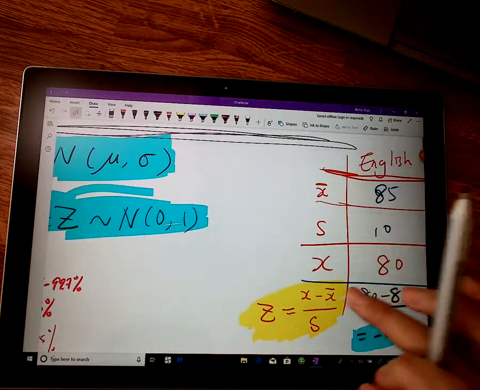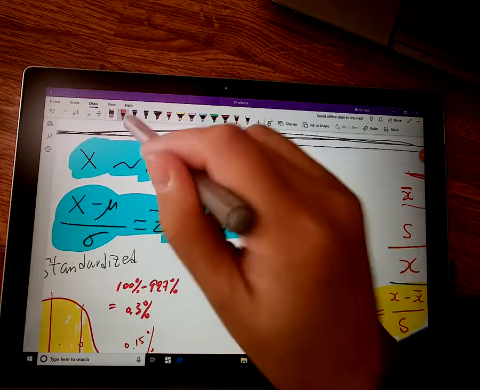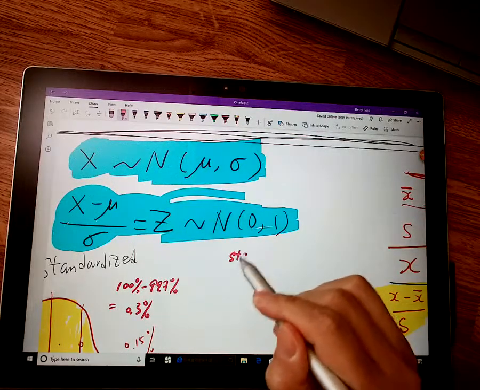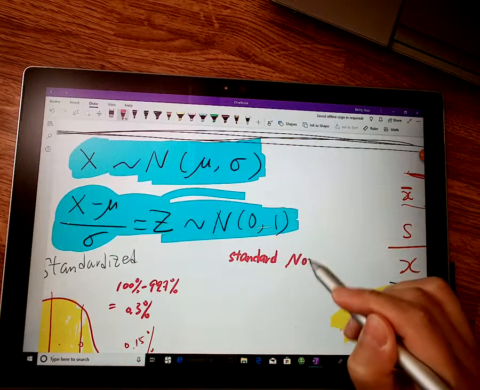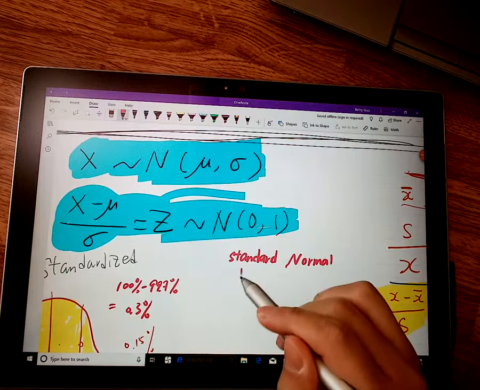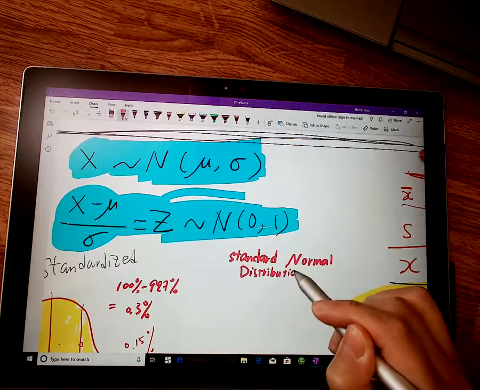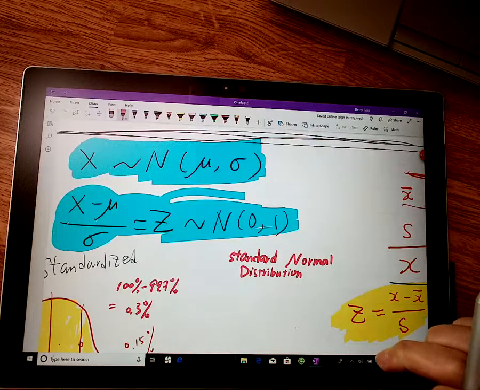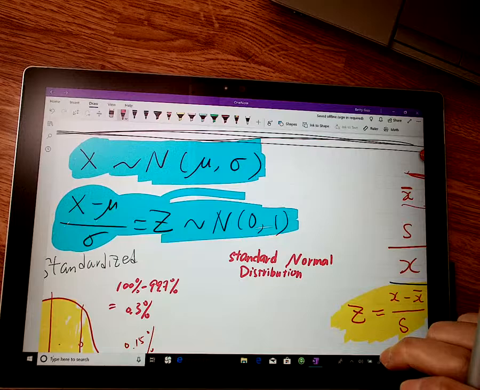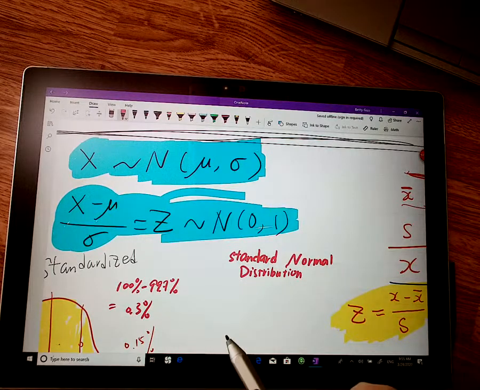So I'm going to explain standard normal distribution right here. Among all the normal distributions, there's one type very special and important. It's called a standard normal distribution.